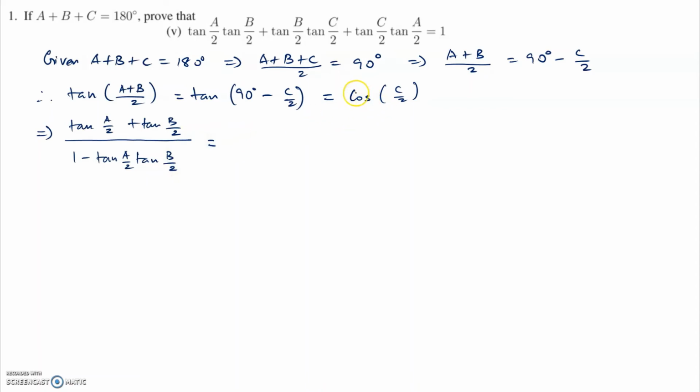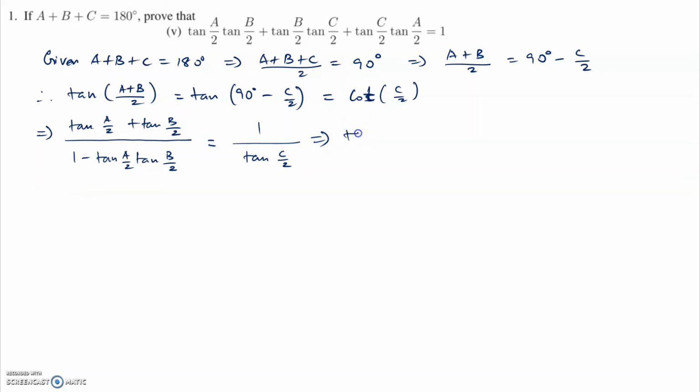And our cot C/2 is nothing but 1 divided by tan C/2. So let's cross multiply.